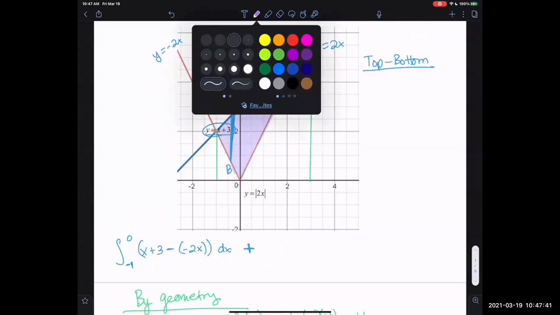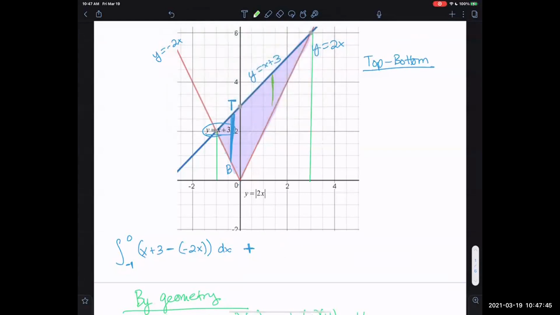Not the best color choice. How about, nope. Why do I keep choosing blue? Let's use green. I'm still top and bottom. The line is still on top, and the bottom is still the absolute value graph.